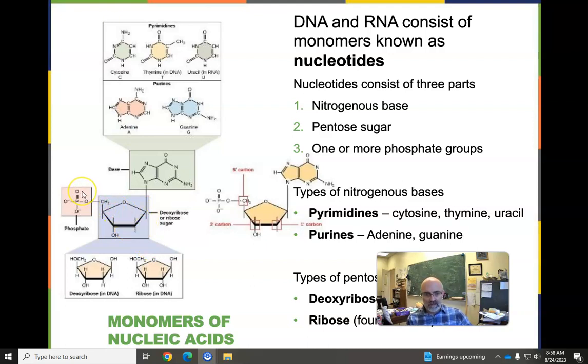And then we have a phosphate group on the side. So these three things, a base, a sugar, and a phosphate, make up a nucleotide, which is the building block of a nucleic acid.